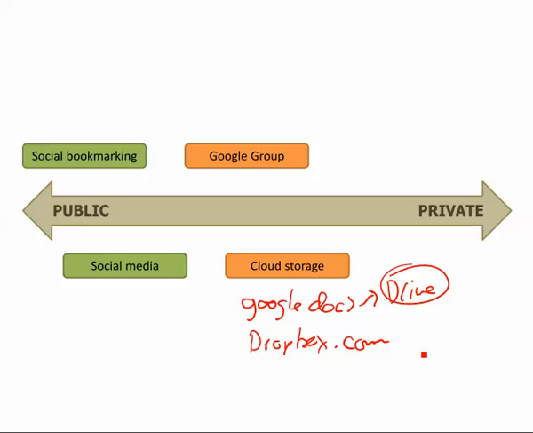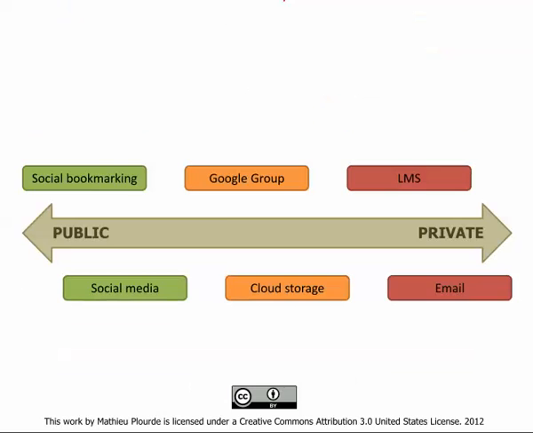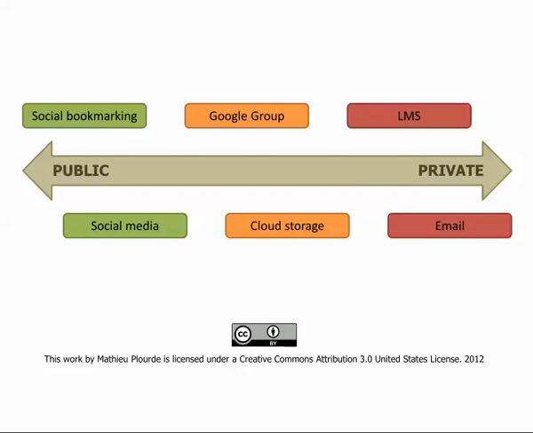Sometimes some of these things are going to become public, and some are going to stay private and just shared with one person or two. Then on the other end of the spectrum, you're going to have the LMS, which in our case is going to be Canvas at UD.